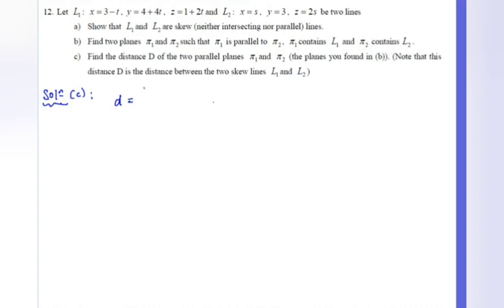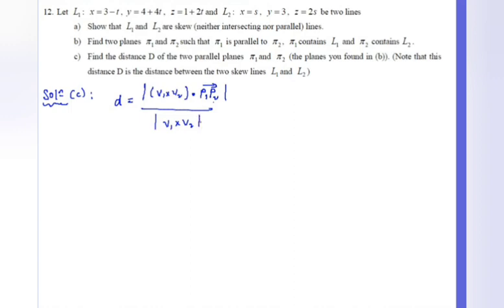The distance is calculated by taking the cross product V1 cross V2 of the direction vectors of the lines, dot with P1P2, where P1 and P2 are the points on L1 and L2 respectively. We take this in absolute value over the magnitude of V1 cross V2.